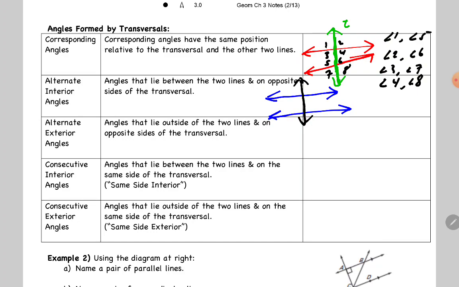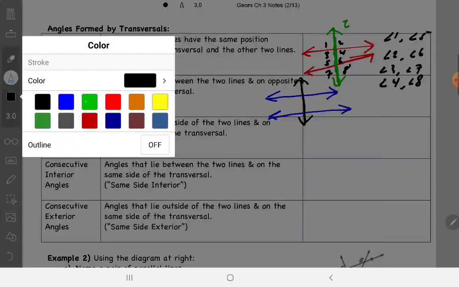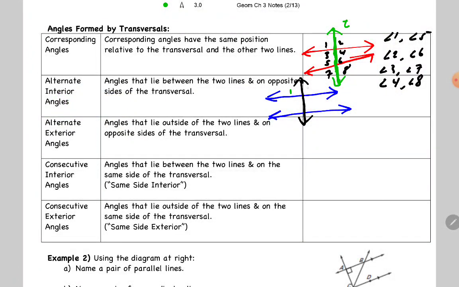So angles that lie, so alternate interior. Let me label all the angles. So we have 1, 2, 3, 4, 5, 6, 7, and 8.